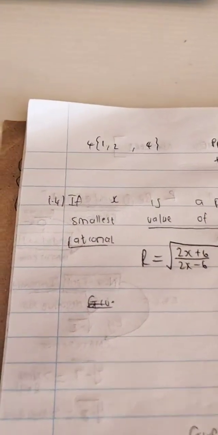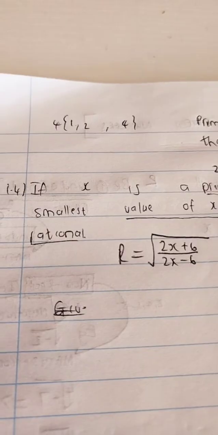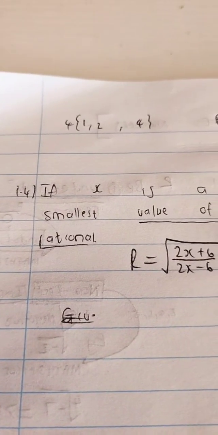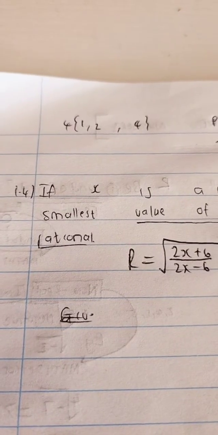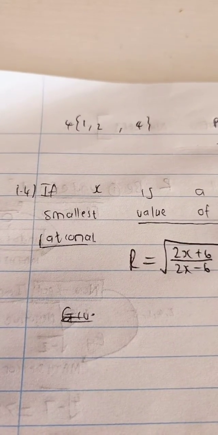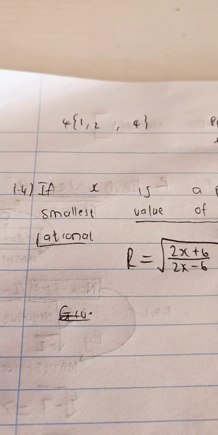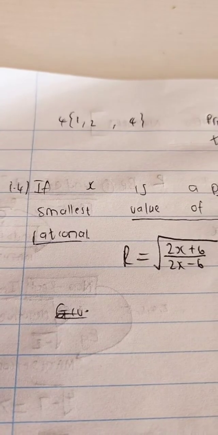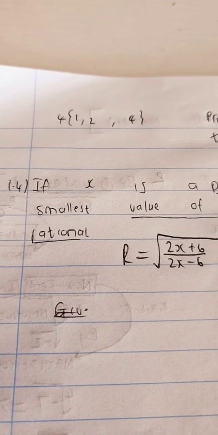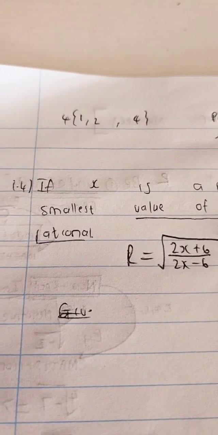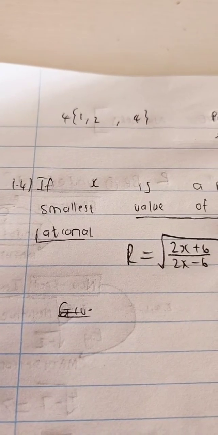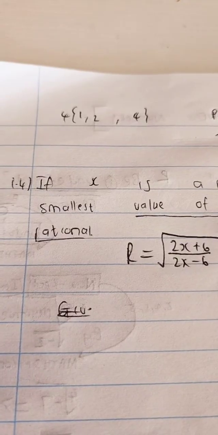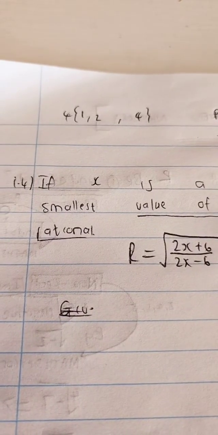What does rational mean? What is a rational number, guys? Do we still remember the definition of a rational number? Very important, by the way, to know what a rational number is. A rational number is a number that can be written as a fraction, where the numerator and the denominator are both integers.